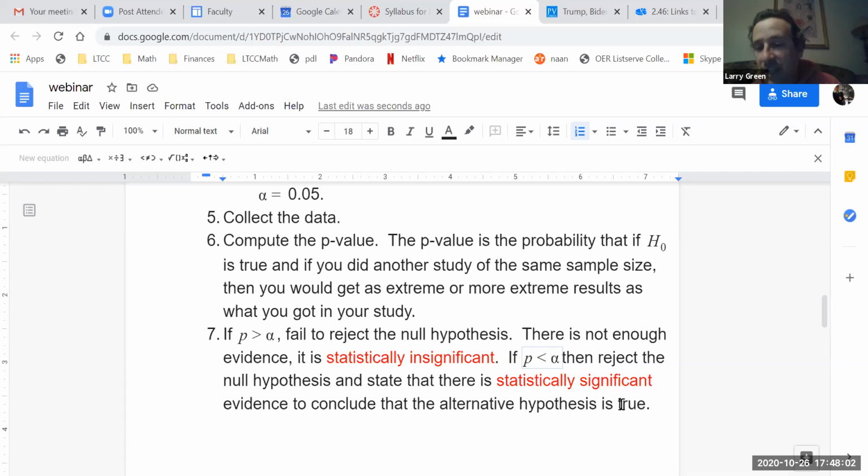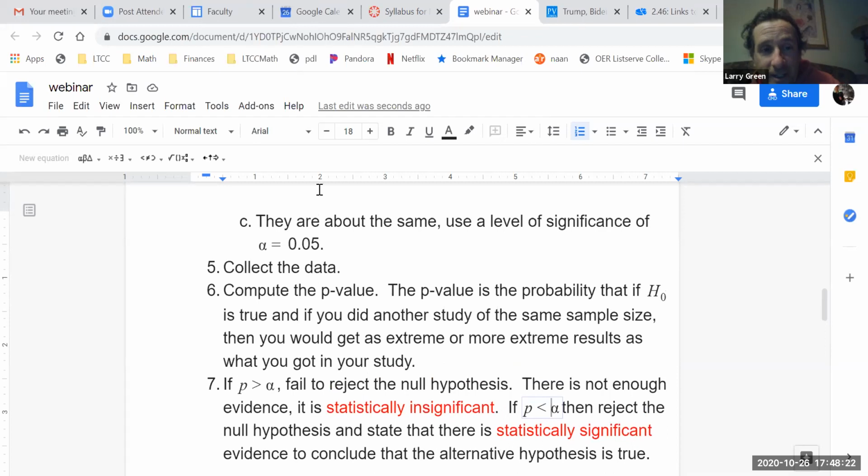It's very different than proving. Any questions on that? Okay, so this is the whole point of hypothesis testing, and this is a step-by-step process.